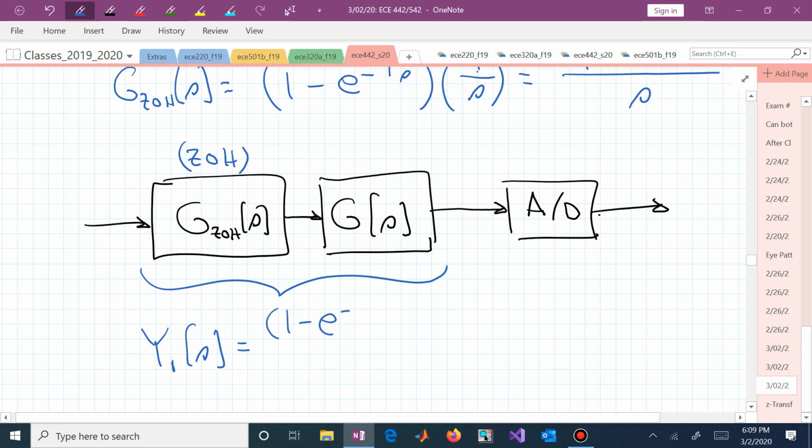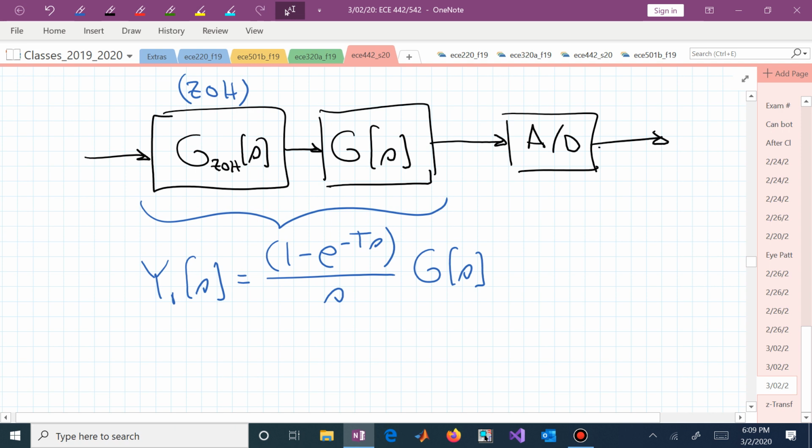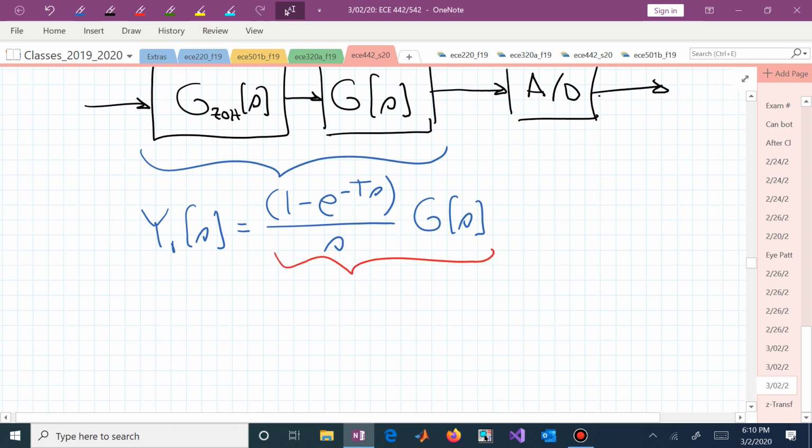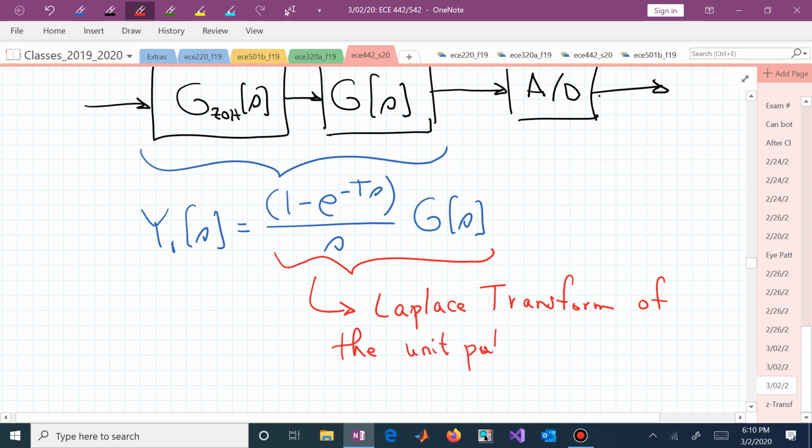It's 1 minus e to the minus ts over s times g of s, where this is now the Laplace transform of the unit pulse of whatever system we start with, capital G of S. Now, if you hit that zero order hold plant combination with a unit pulse, this is what that will look like in the frequency domain. It will be y sub 1 of S.